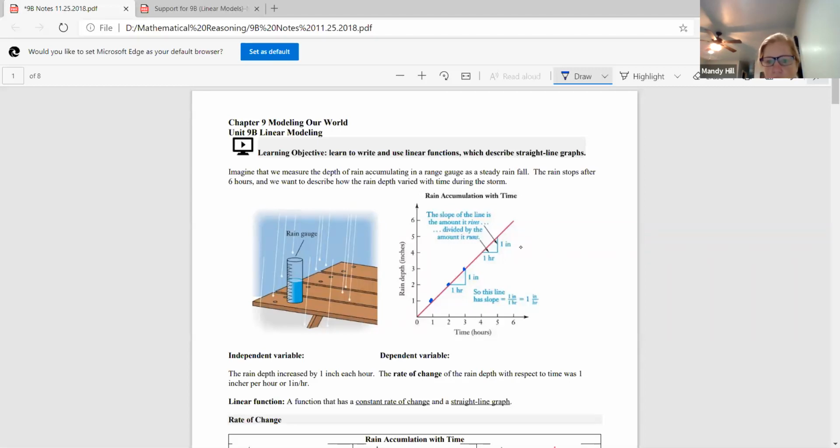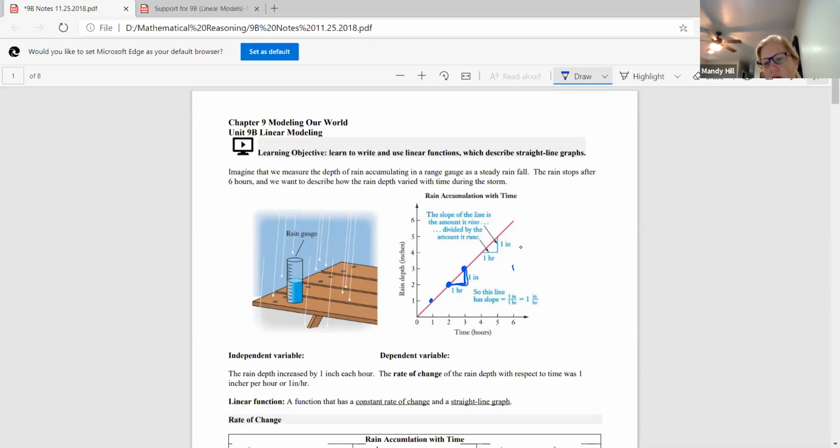So this is a graph of that function. The slope of the line is the amount it rises divided by the amount it rains. When you compare this point to this point, we would go over 1 hour and up 1 inch.